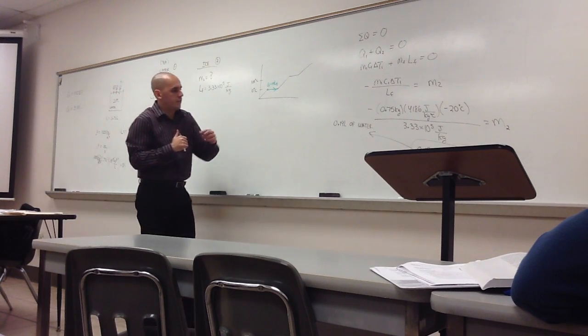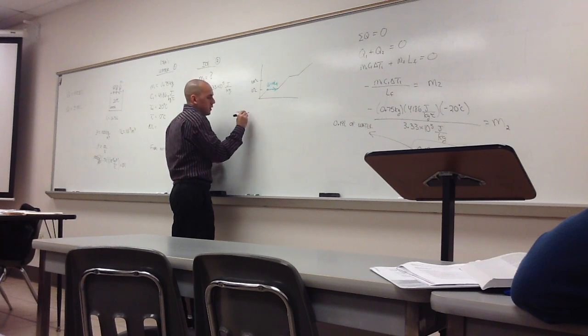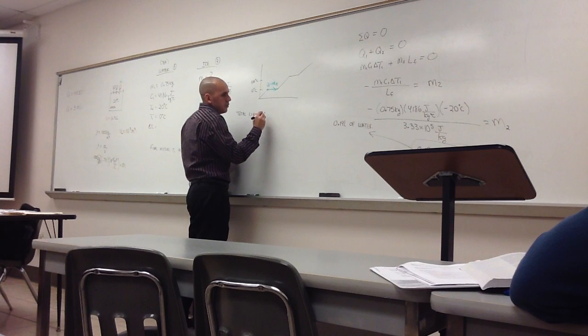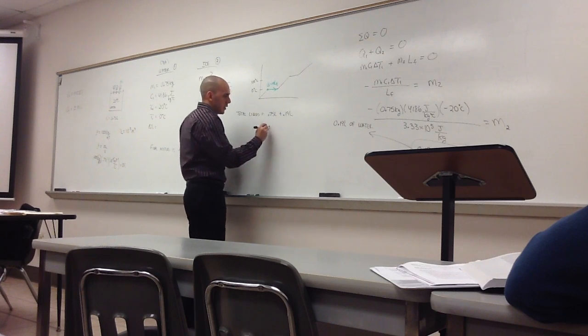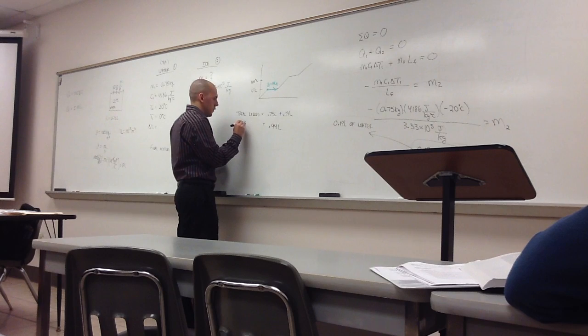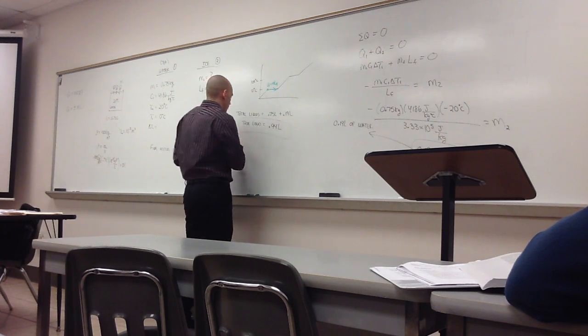So the total liquid is equal to the original 0.75 liters plus that melted ice. So what is this, 0.94 liters for the amount of liquid of that final mixture.